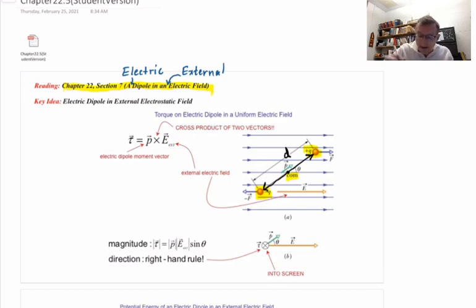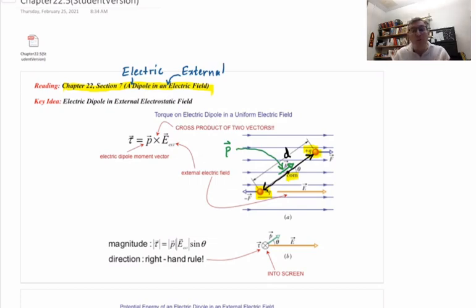And the dipole has an electric dipole moment, little p arrow, that would be directed away from the negative charge and towards the positive charge. Okay, so that's the little p arrow right there, pointing away from the negative charge and towards the positive charge.